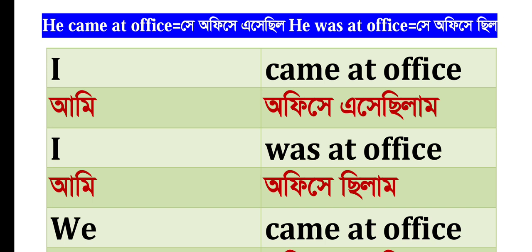Where will be came, where will be was, where will be went, where will be were. You have to know this properly, and if you read this properly, then you will be able to understand. Otherwise you will not be able to understand properly.